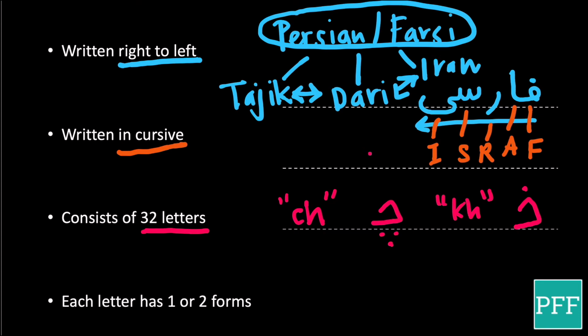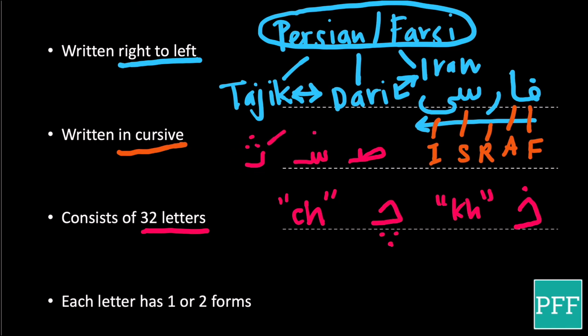So let me just use some space up here. So we have the letter sod, which looks something like this. Okay, we have the letter sin, which looks something like this. And we have the letter se, which looks something like this. So we had sod, sin, and se.